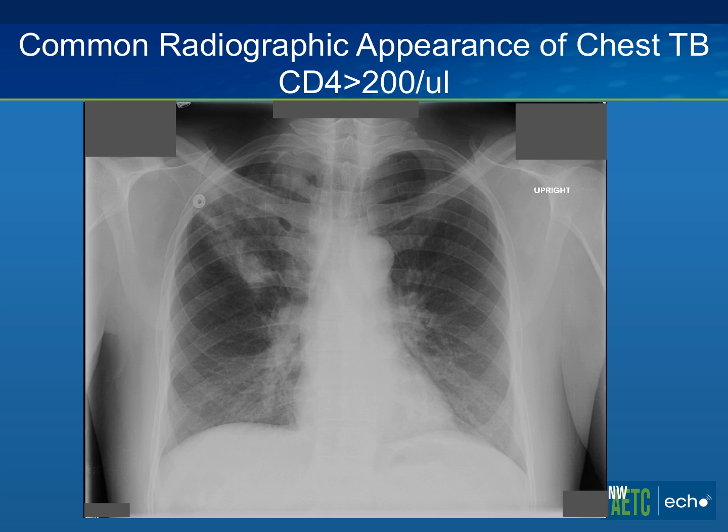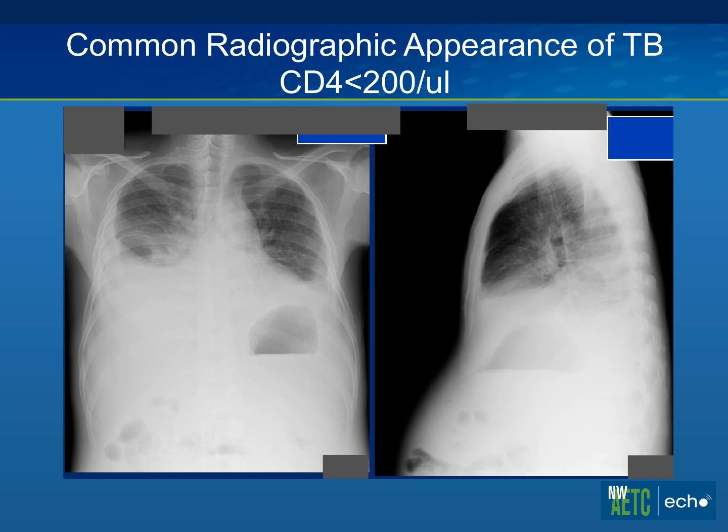After 2 months of initial TB therapy, he transitioned to the continuation phase of TB therapy that I'll discuss in a minute and started antiretroviral therapy, had an uneventful course with a good response to both sets of therapy, and is now done with TB therapy. Did very well.